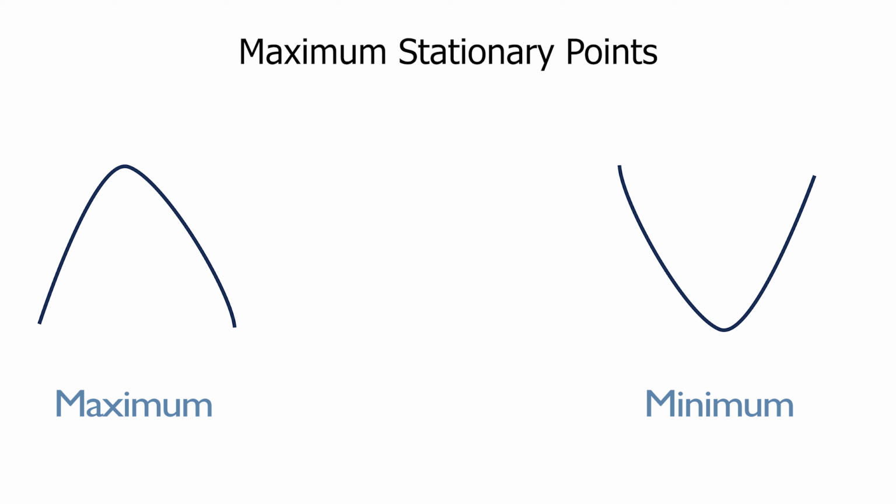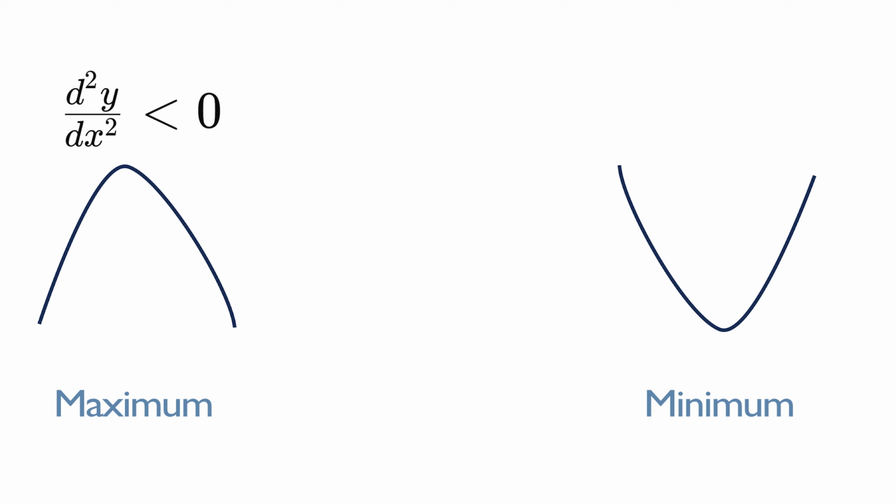These allow us to understand the nature of a curve or a graph. So if a graph is at a maximum, the d squared y over dx squared is going to be less than 0. And when it occurs at a minimum point, the d squared y over dx squared is going to be greater than 0. So, with that being said, let us start working some past paper questions.